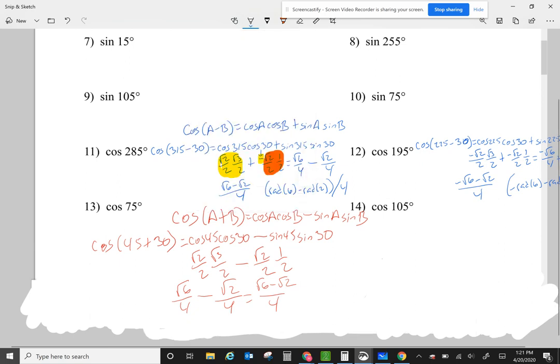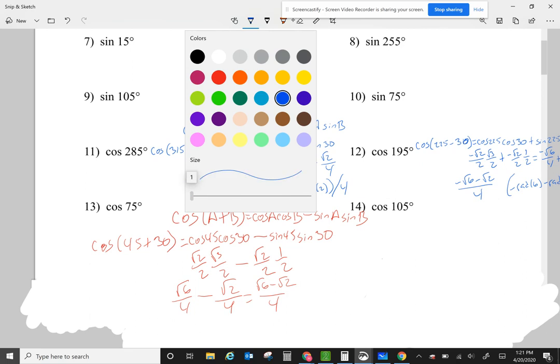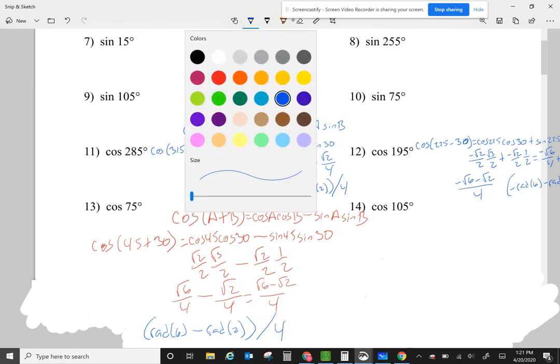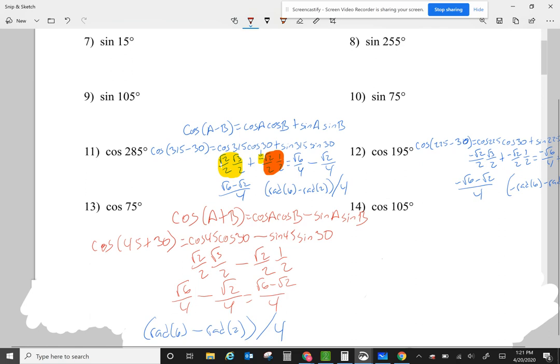Now, how to type this? A big parenthesis on the top because of the minus sign. So I have radical 6 minus radical 2 over 4. Now let's take a look at number 14.